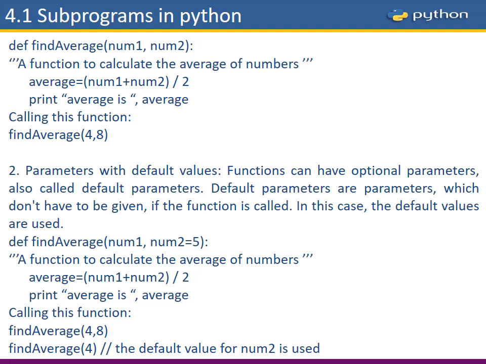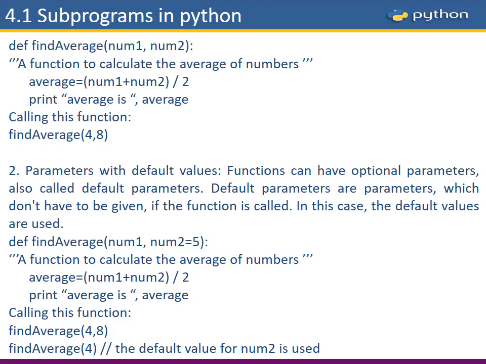So we have a function to calculate the average of numbers: number1 plus number2, divided by two, then print the average. We call the function find_average for 8, and here we have find_average 4.